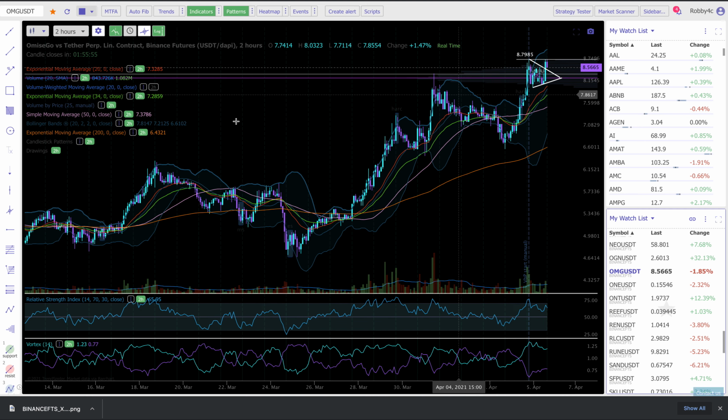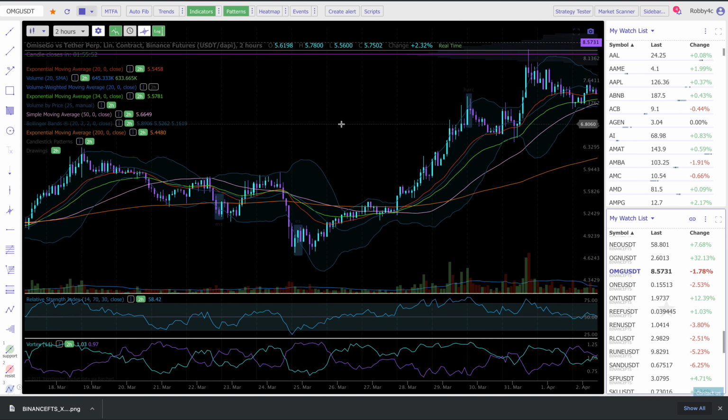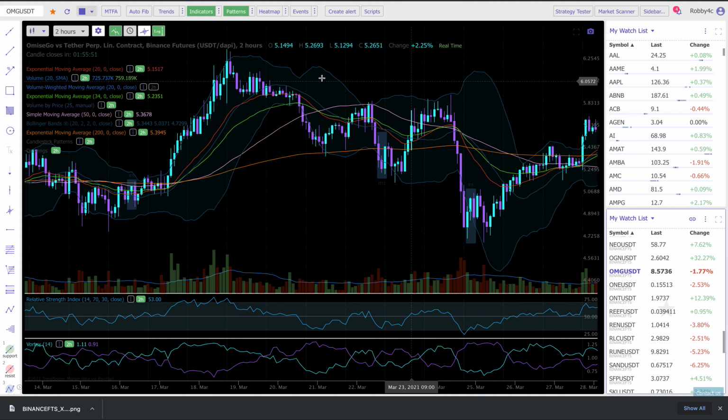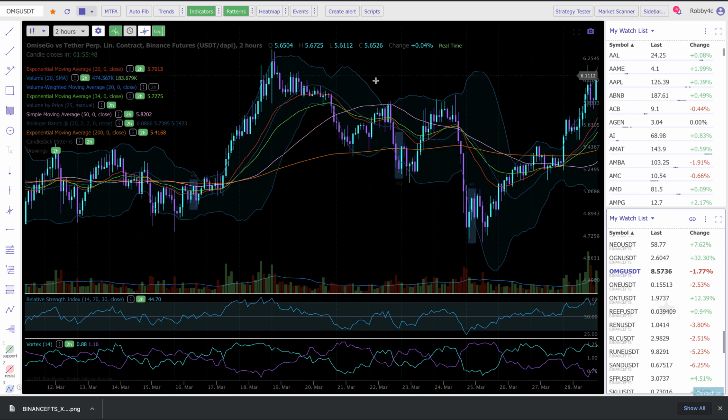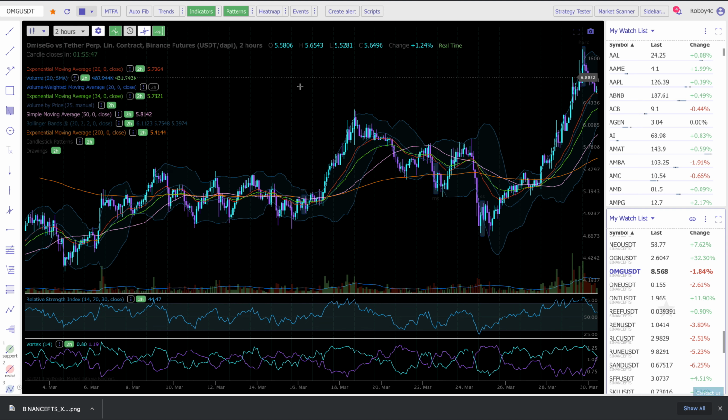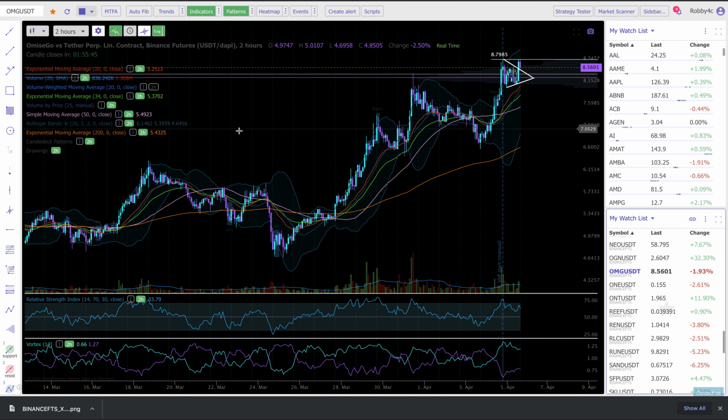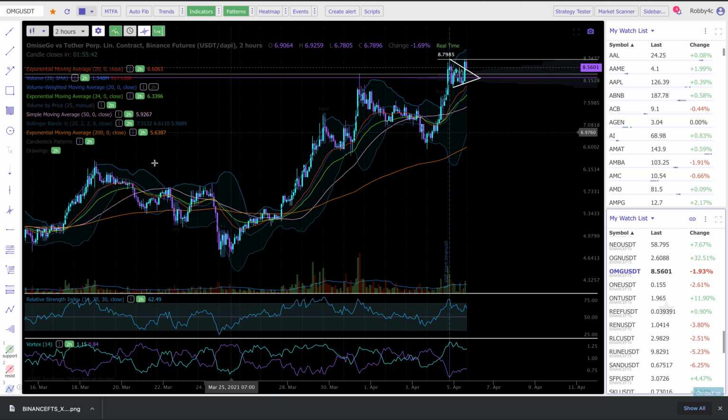So that's how we get resistance points and support points from previous days to predict what's going to happen in the future.